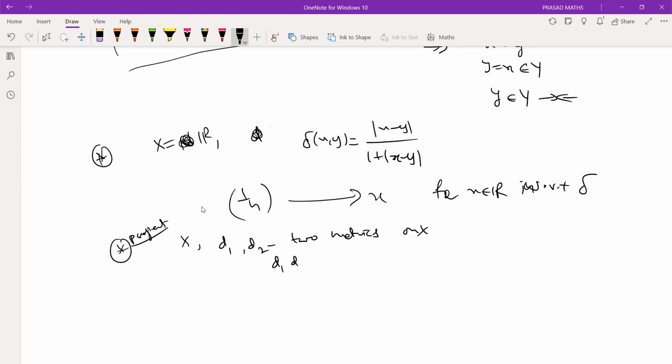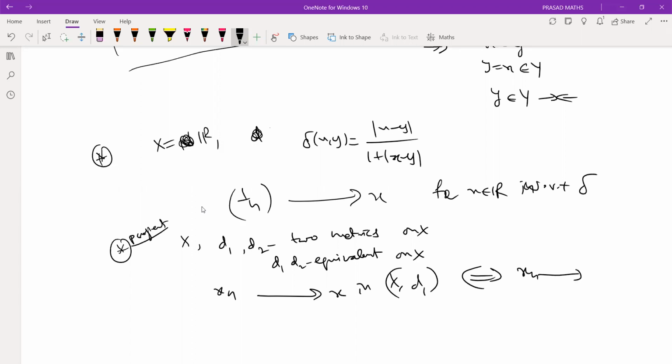What is that? d1 and d2 are equivalent metrics. Then x_n converges to x in the d1 metric if and only if x_n converges to x in the d2 metric. Using the equivalent metric definition, one can easily derive it.